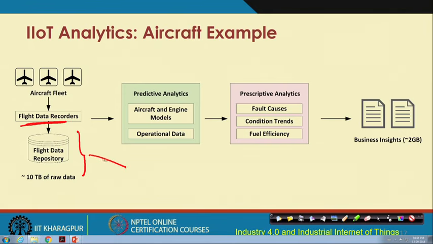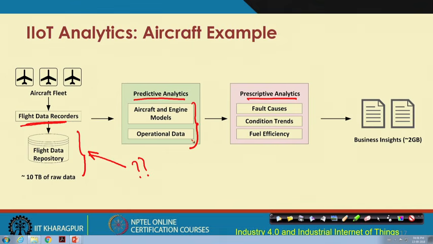So, this data will be useless if you do not derive intelligence out of this data. So, what is done? Different types of analytics like predictive and prescriptive analytics. Predictive analytics deals with, based on the aircraft and engine models and the operational data, predicting what might be happening in the future, so that an emergency landing could be made and a disaster could be avoided for a particular aircraft by the captain.